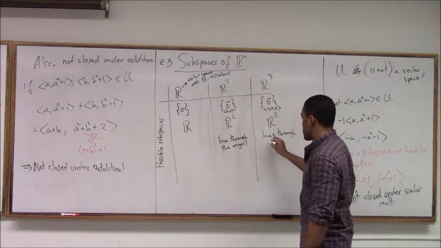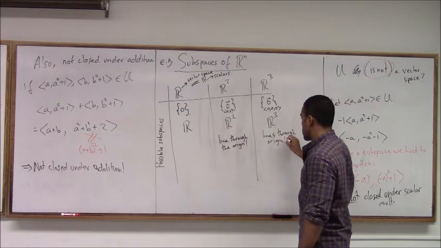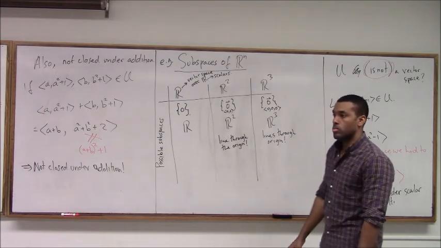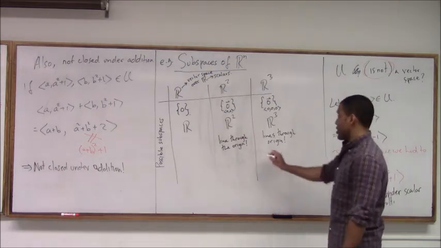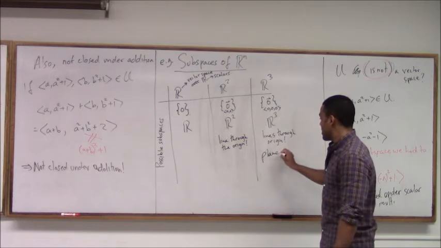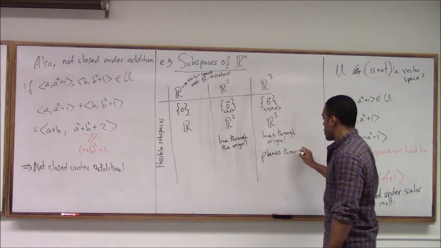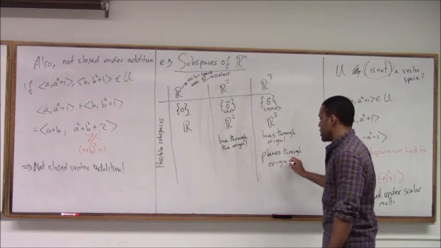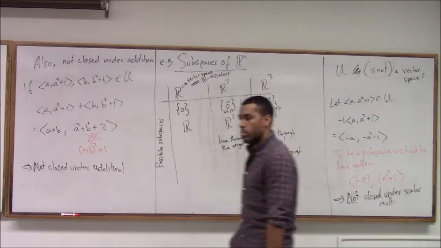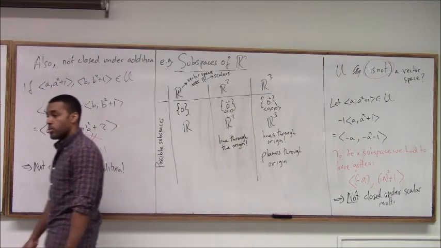Anyone else? Planes through the origin. If you look at all planes that pass through the origin, that set of things is a vector space. It actually forms a subspace of R3.